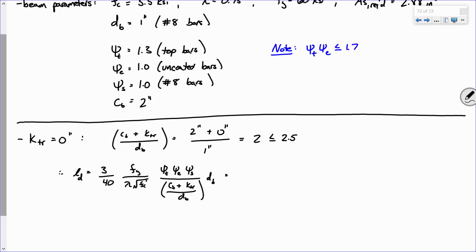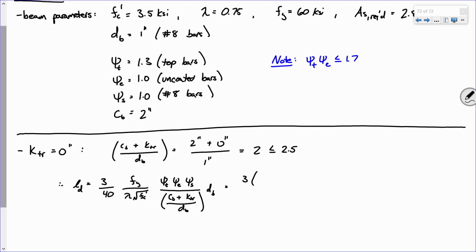Then just to keep this simple, I'll plug and chug on a single expression. So 3 times Fy, and what's Fy? 60,000. All right. Psi sub t, psi sub e, and psi sub s is 1.3, 1, and 1. And we're dealing with number 8 bars, so 1 inch.